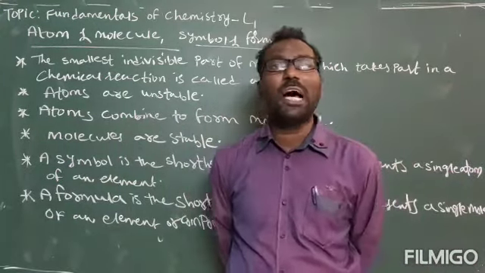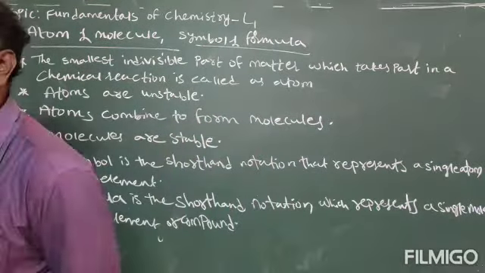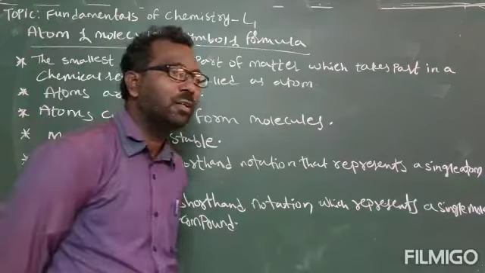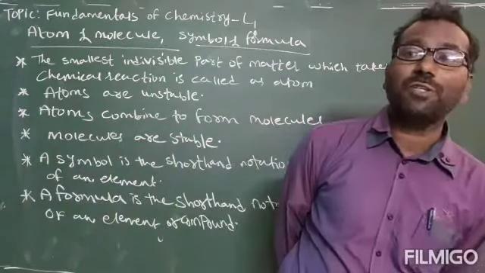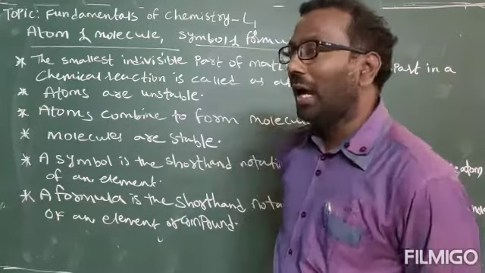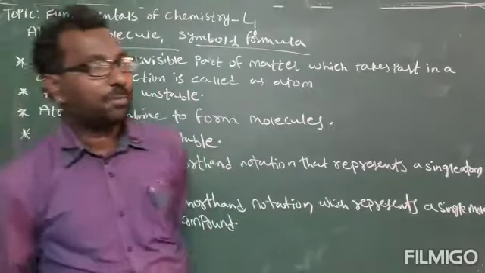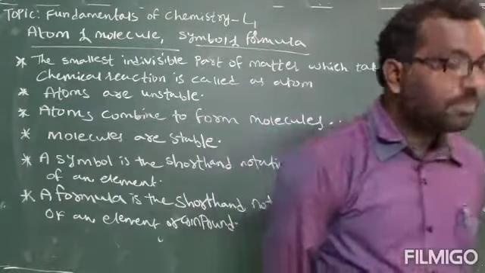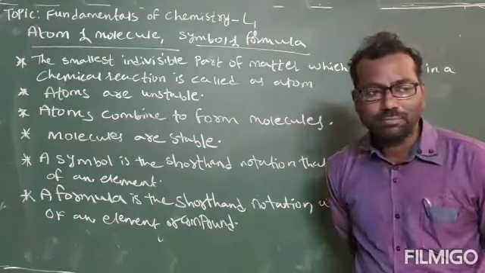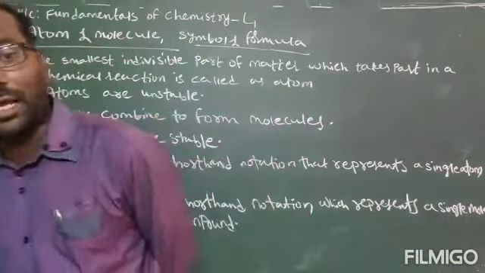Out of these 118 elements, 92 are naturally occurring and the remaining are artificially prepared ones only. Technetium is the first artificially prepared element.